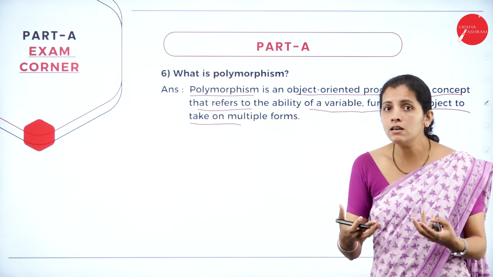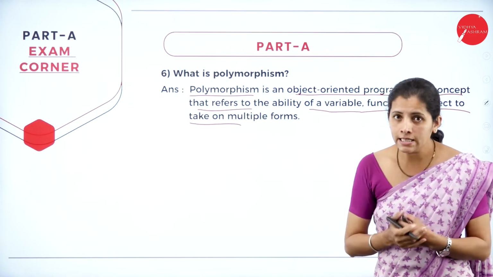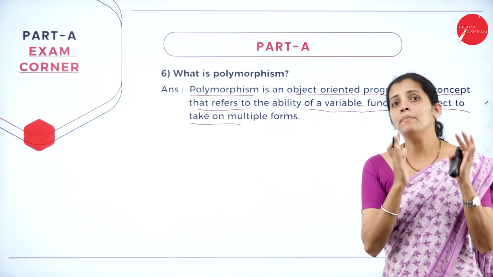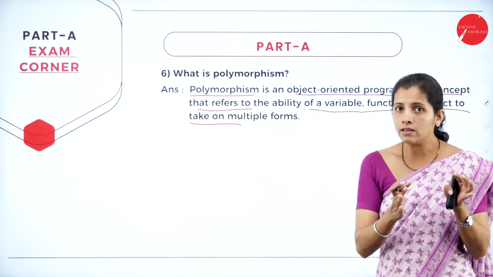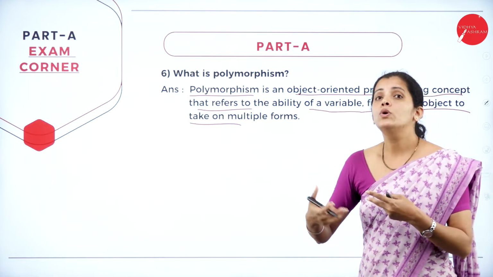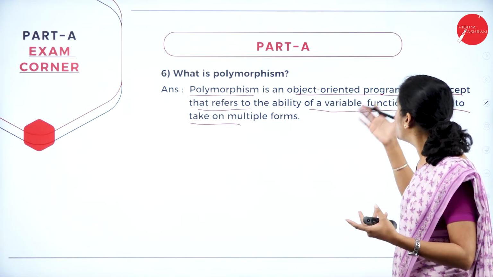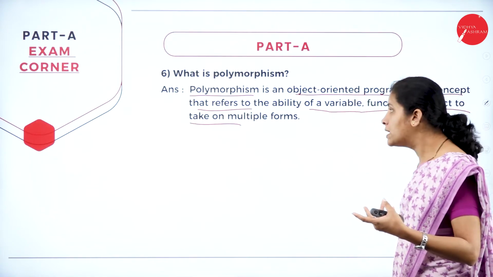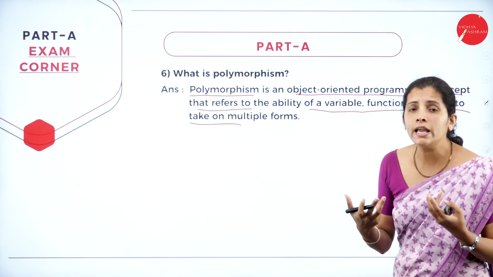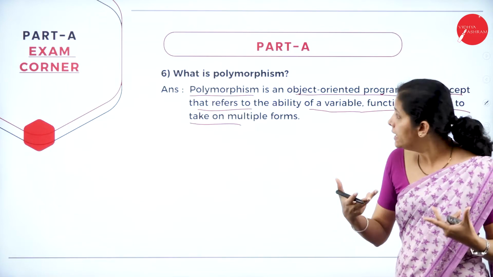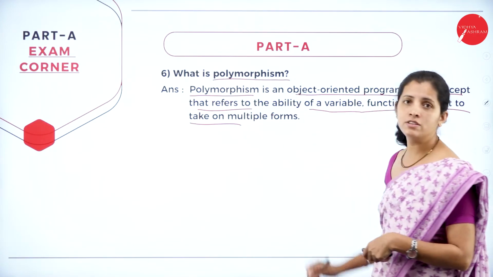And in my master degree, my name remains as it is, and my subjects vary. So here, objects or variables or functions capable of taking multiple forms is itself called polymorphism.